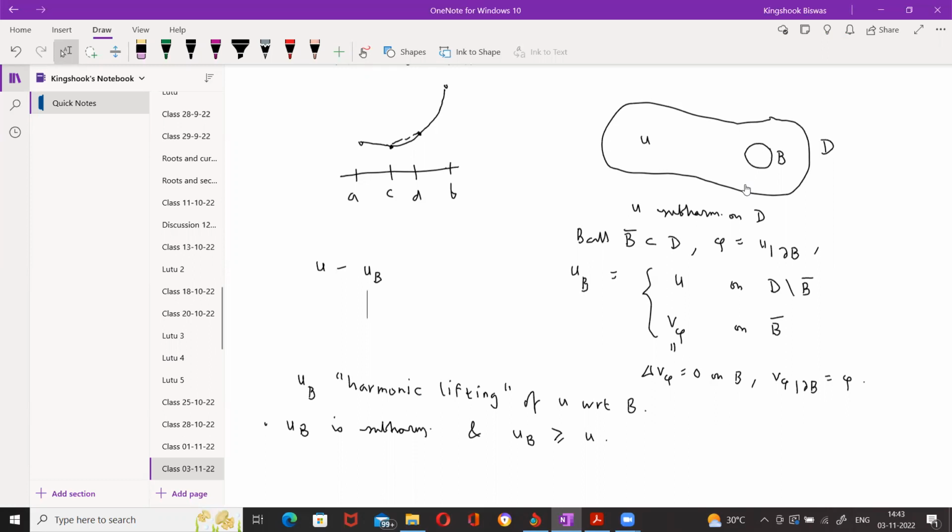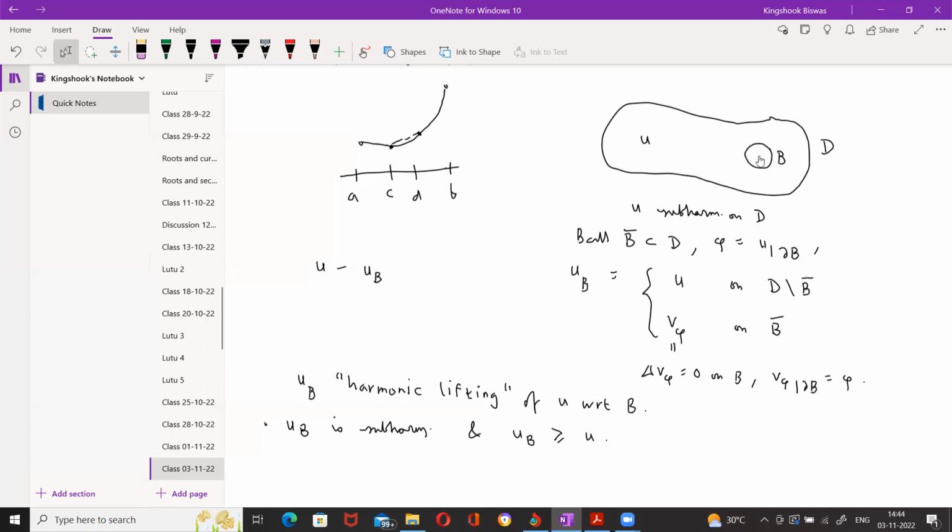If it's continuous, then I can define this harmonic lifting: on the boundary of any ball it's a continuous function, so I can solve the Dirichlet problem inside this ball. The harmonic lifting is greater than or equal to U, but U is the maximal function in this class of subharmonic functions. So U has to equal U sub B inside this ball, so U is harmonic in this ball. But this was an arbitrary ball in the domain, so U is harmonic everywhere. Harmonic is a local property.